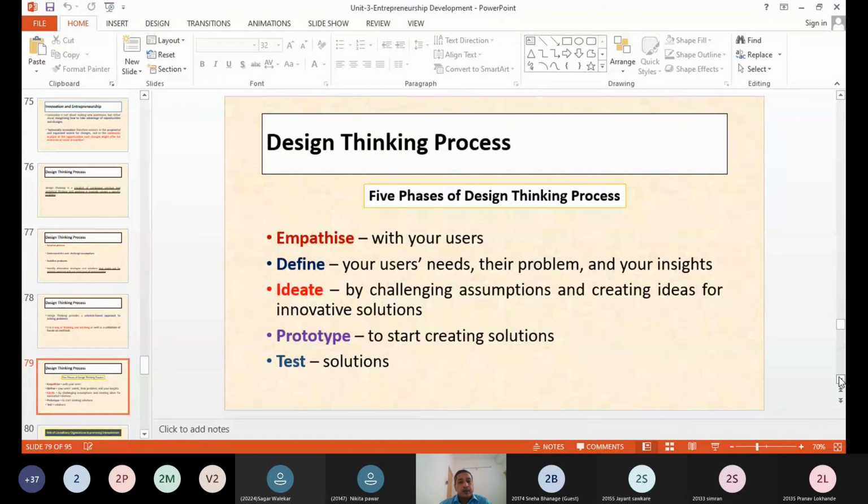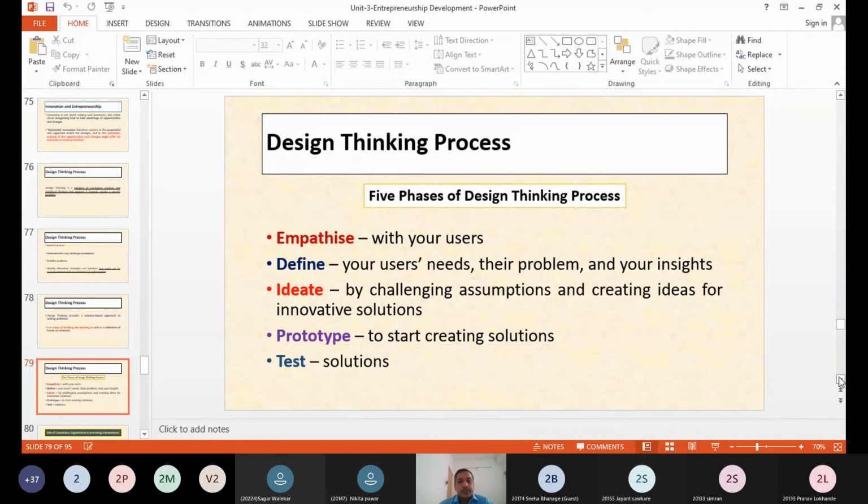Then there are a few phases of the design thinking process. What are the different steps in the design thinking process? There are 5 such different steps or phases in the design thinking process: empathize, define, ideate, prototype, and then test.